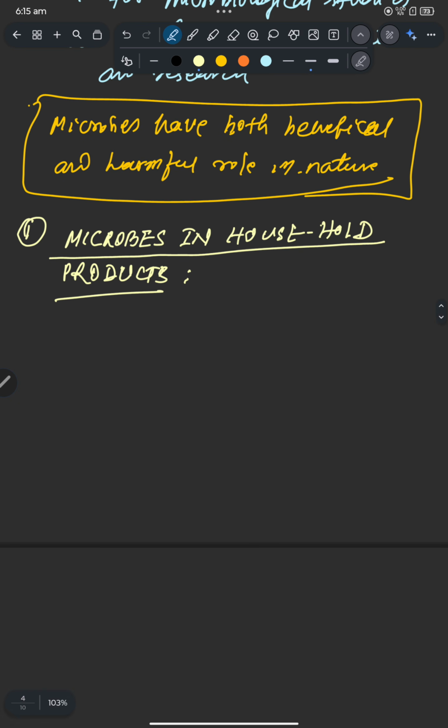Okay, so let us see how they are useful in household product. We'll discuss one by one. The first one is curd formation. Okay, the curd is formed with the help of the microorganism, that is lactobacillus, or you can say the lactic acid bacteria.